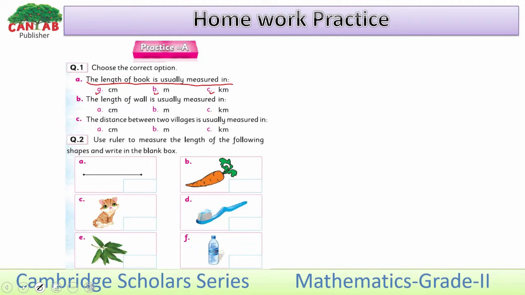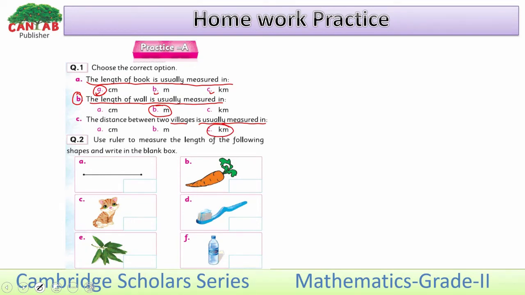The book is small, the meter is a large unit but the centimeter is a small unit, so we use centimeters to measure the length of a book. So centimeter, option A. In part B, the length of a wall is usually measured in meters, option B. The distance between 2 villages is usually measured in kilometers.